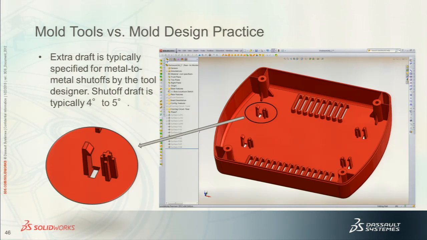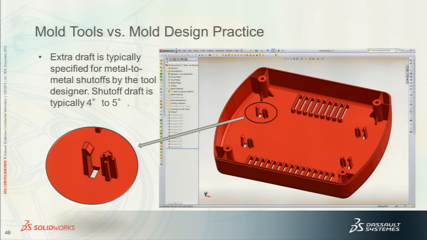Okay, now mold tools versus standard mold design practices. When mold tools creates shutoffs, like in this feature here, it will take the part geometry, and I have 3 degrees draft on this particular snap fit.